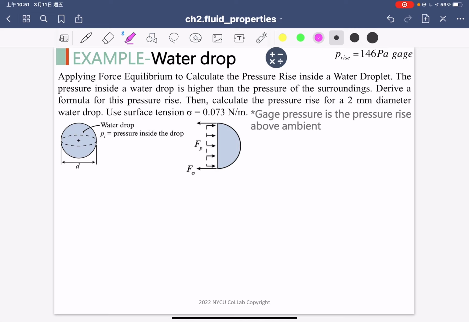So we need to overcome the environment pressure, with the inside pressure first, and then we can form the bubble shape. That's the exercise: we'd like to teach you how to calculate the inside pressure. If you know your bubble size is 2 millimeter diameter, how can you decide the pressure inside the bubble?